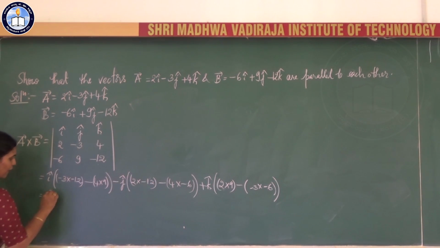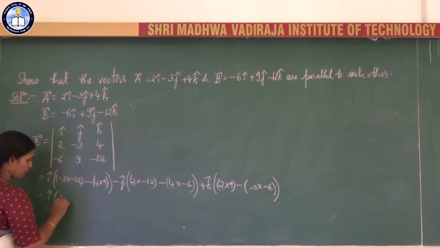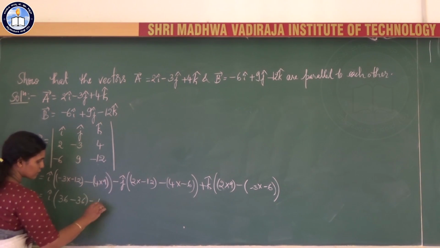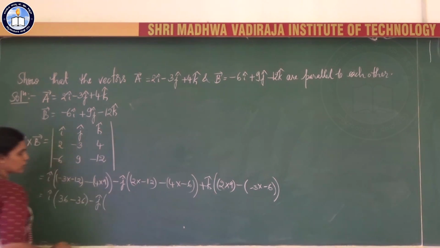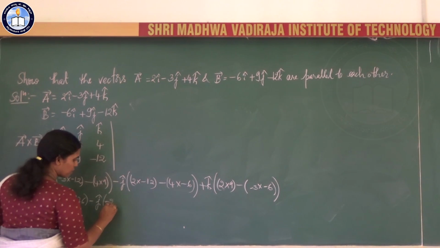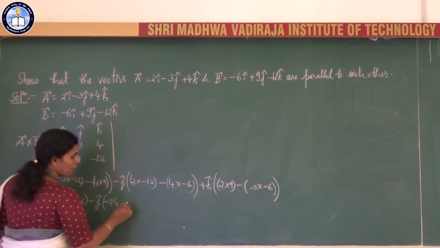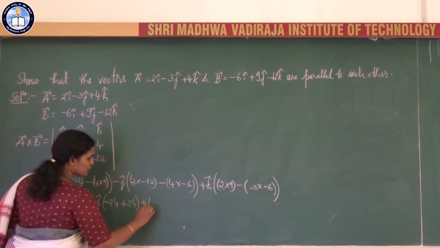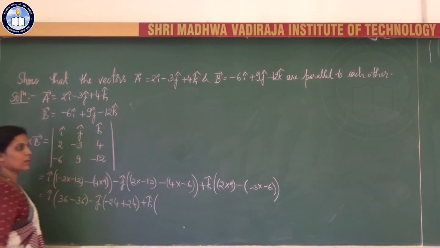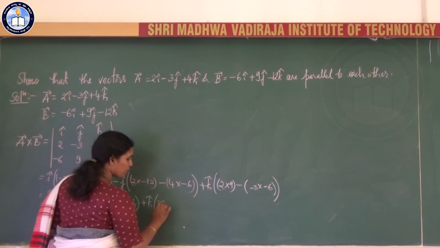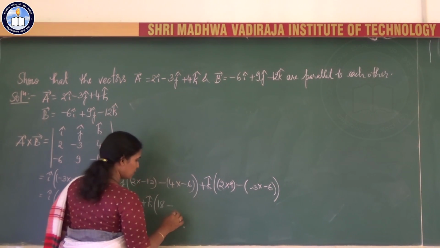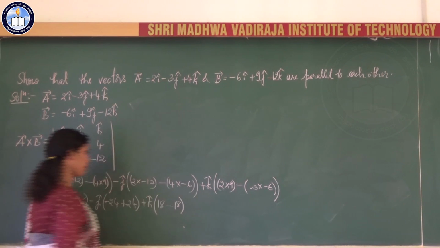So this is i cap, 12 3s are 36, minus into minus plus, minus 9 4s are 36, minus j cap, 12 2s are 24, so it is minus 24, minus into minus plus 6 4s are 24, plus k cap into 9 2s are 18, minus into minus plus again minus 6 3s are 18.